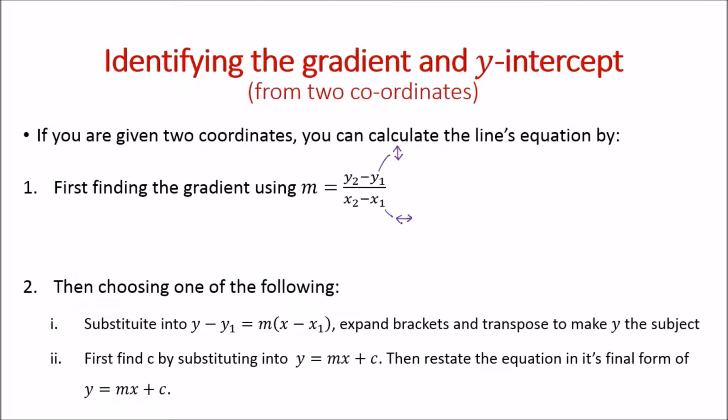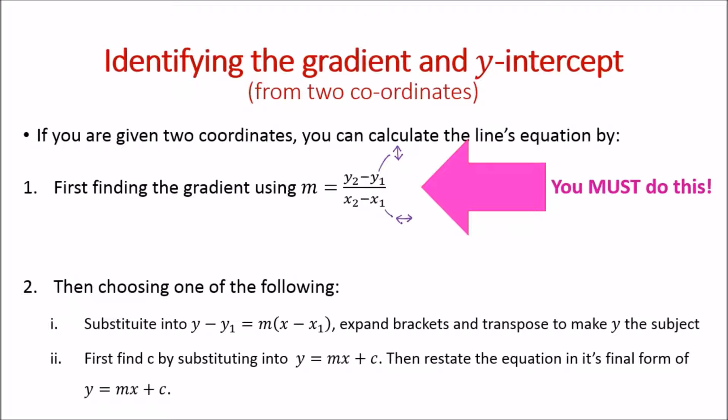With this second option, you then need to restate the equation in its final form, which is where you put in m in the place of m, and you put your intercept c that you just found in the place of c. So looking at step 1 and 2, step 1 is what you have to do first. You must find the gradient before you can do anything else.